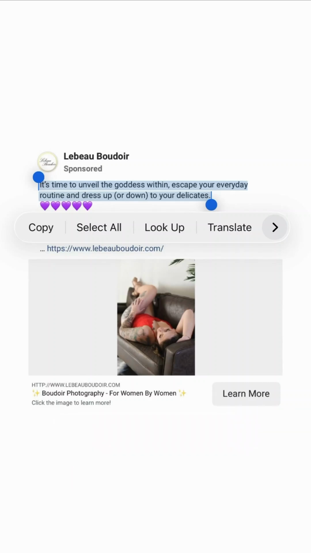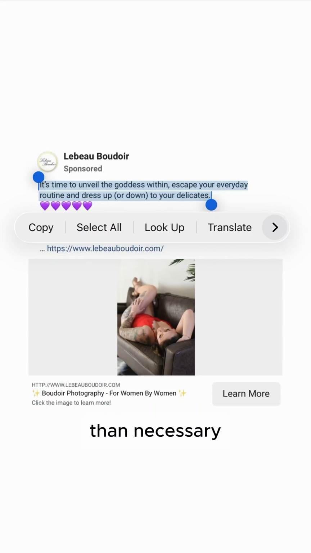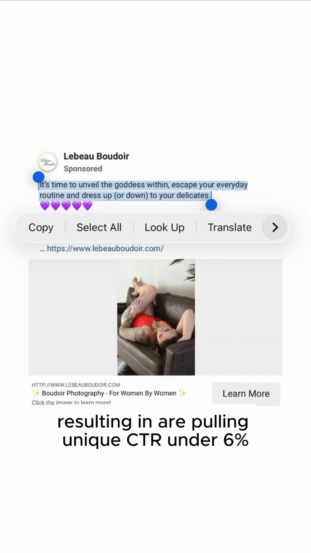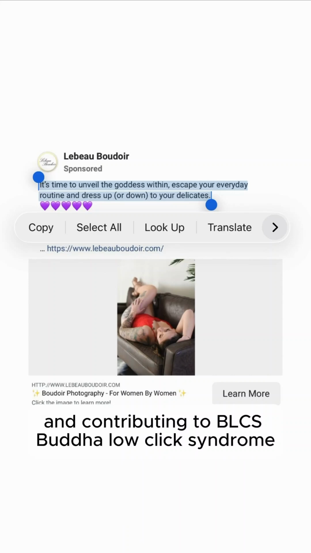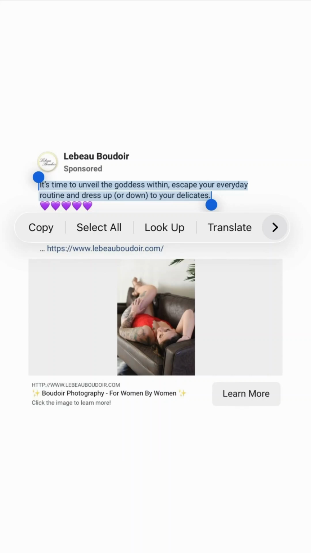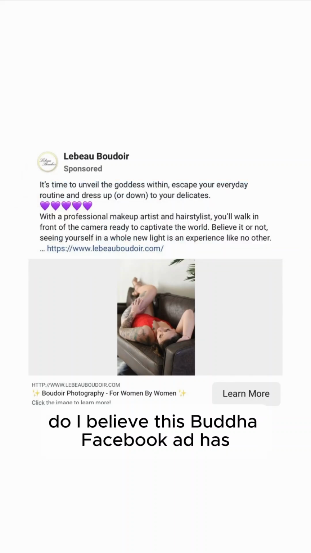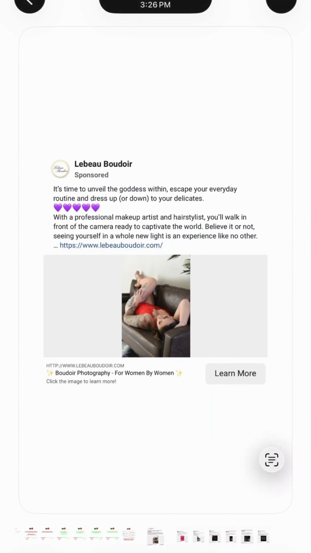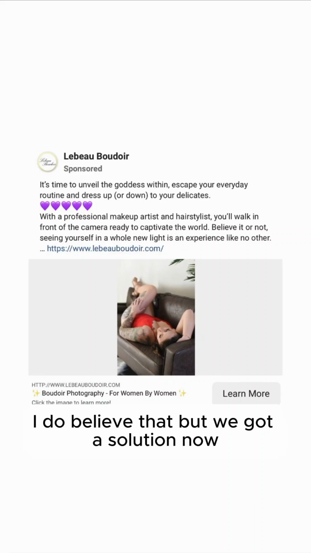So the consequence of this is way more women scrolling by our Boudoir Facebook ad than necessary, pulling unique CTRL under 6% and contributing to BLCS, Boudoir low click syndrome. So after looking at everything, do I believe this Boudoir Facebook ad has Boudoir low click syndrome, unique CTRL under 6%? Yes, I do believe that.